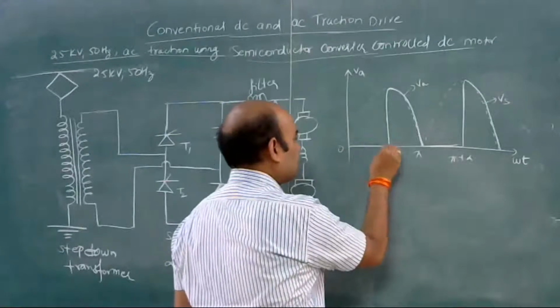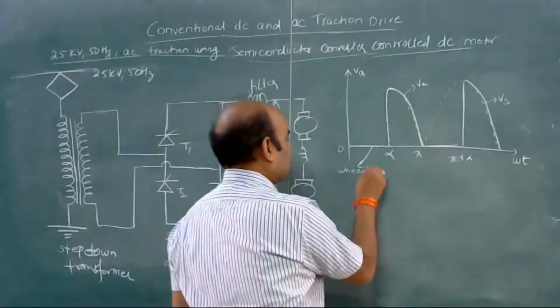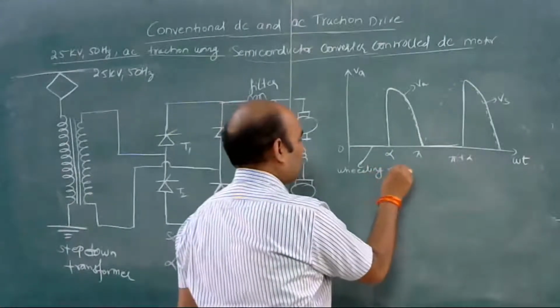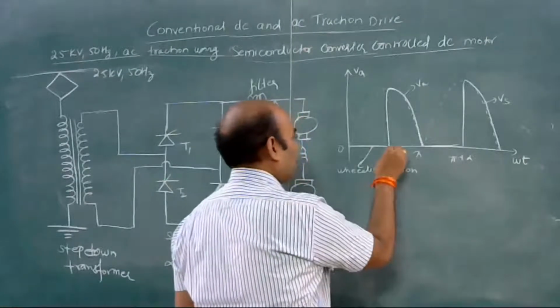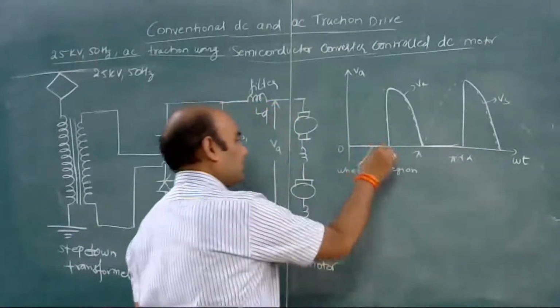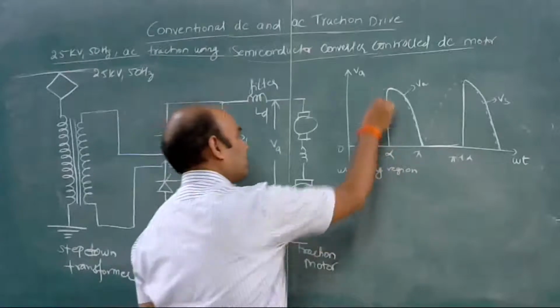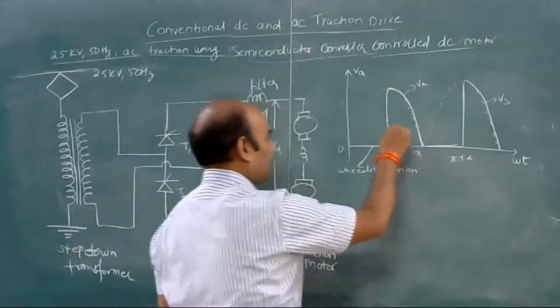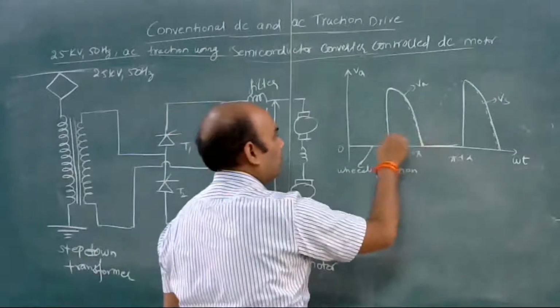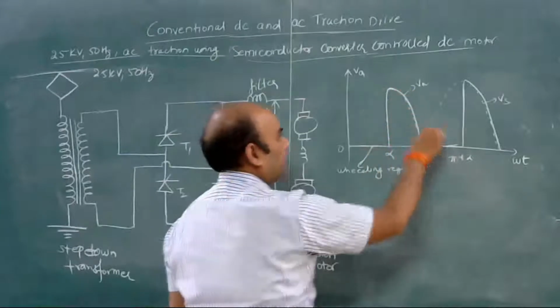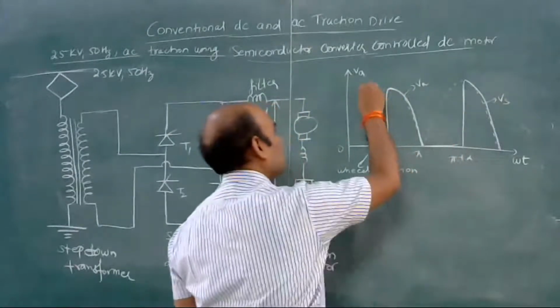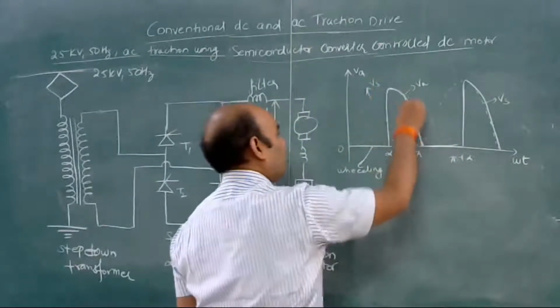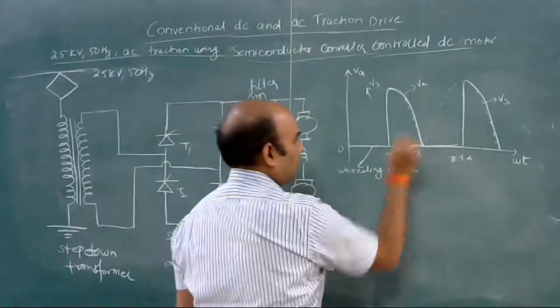So it is freewheeling, and from alpha, where we have given the firing pulse, it will start conducting, and the output will follow Vs. Okay, so it will follow Vs up to pi.